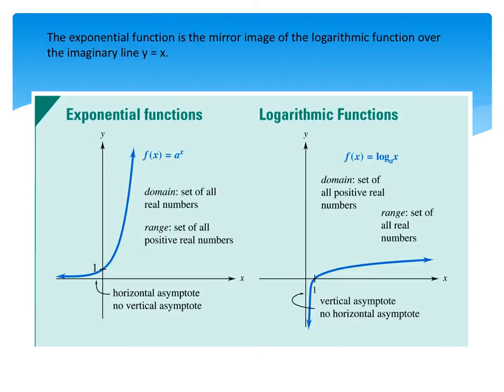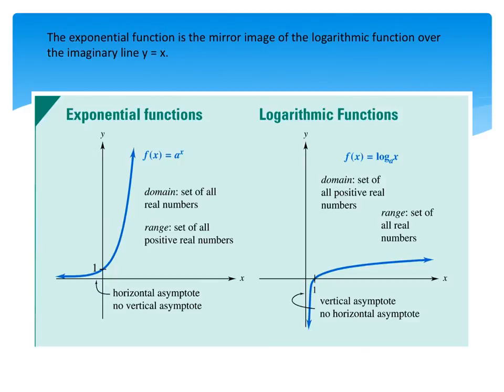Finally, I want to end with a visual of the exponential function and the logarithmic function. So notice that the exponential function, the domain was the set of all real numbers, and the range was the set of all positive numbers. Notice how that flips with the logarithmic function. The domain is the set of all positives, the range is the set of all reals.